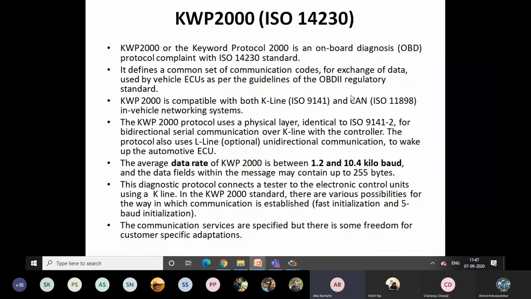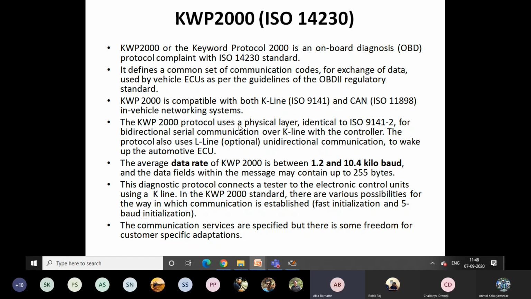But here, when to initiate a particular diagnostic signal, whether it is really a diagnostic code that needs to be transferred, which sensor the data is related to, where it has to be transferred, what the baud rate should be. Defining all those things is what the KWP 2000 protocol does. So it supports both, as I said, K-line as well as CAN.